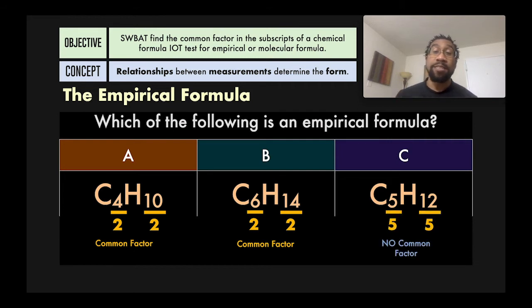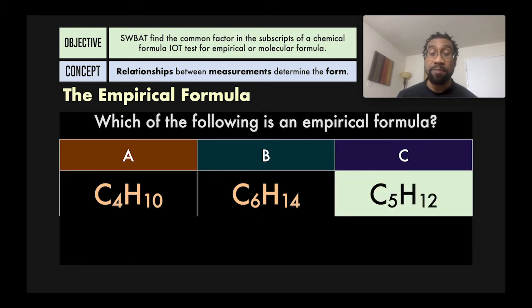So even if we tried to divide both of these by 5, 12 is not divisible by 5. That would give you a fixed whole number, okay? And because this cannot be reduced any further or simplified any further, the answer is C5H12.